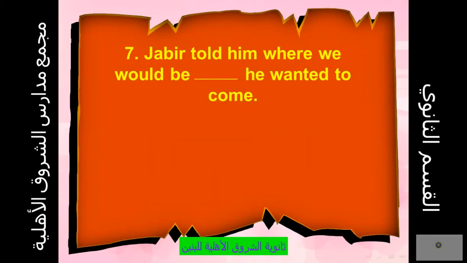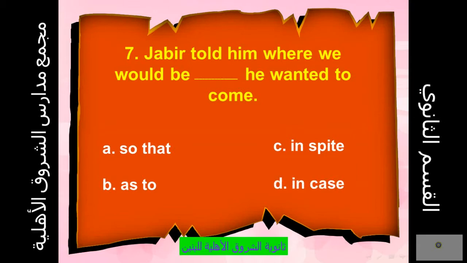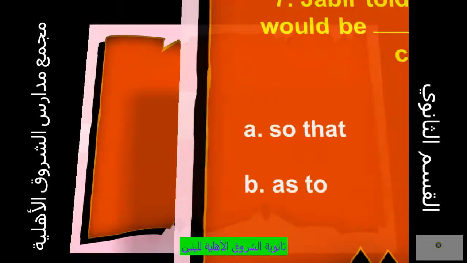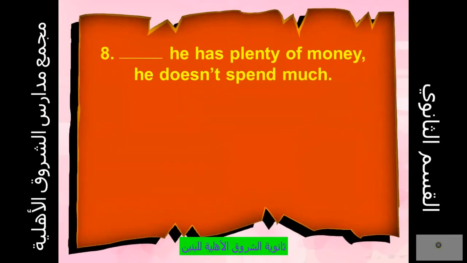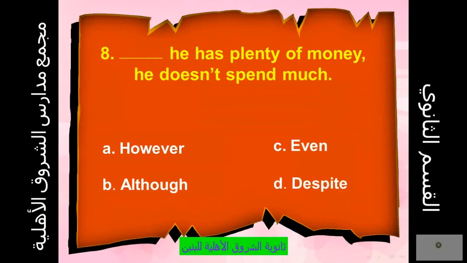Question number 7. Jabir told him where he would be space he wanted to come. So that, as to, in spite, in case. The right answer here is in case he wanted to come. Question number 8. Space he has plenty of money, he doesn't spend much. However, although, even, or despite.